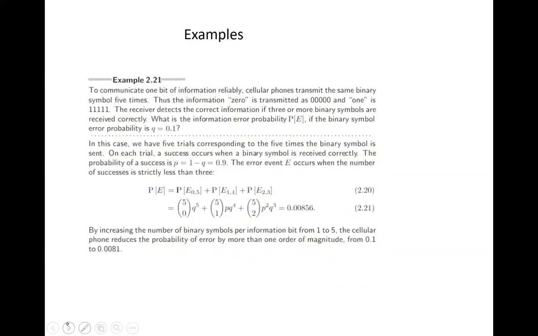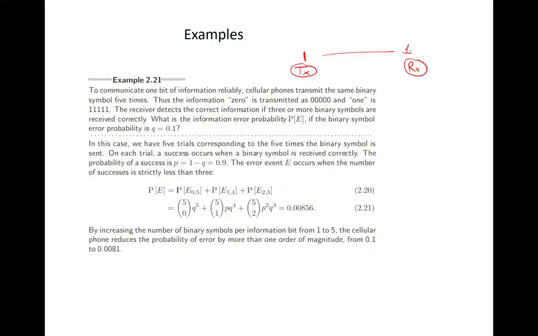An example. This is a communication system example. Typically, in communication systems, when we transmit binary 1, here's the transmitter, here's the receiver, we expect that we get 1.